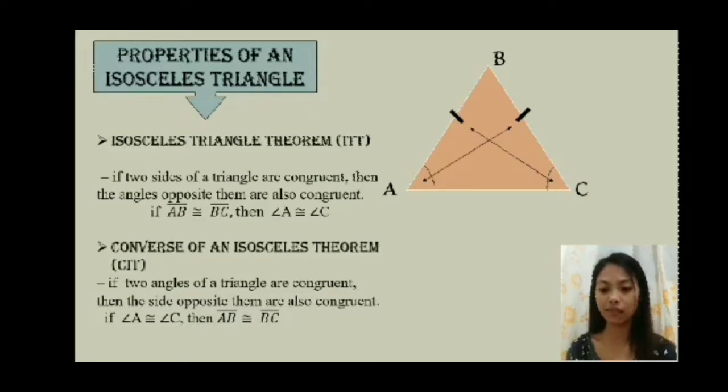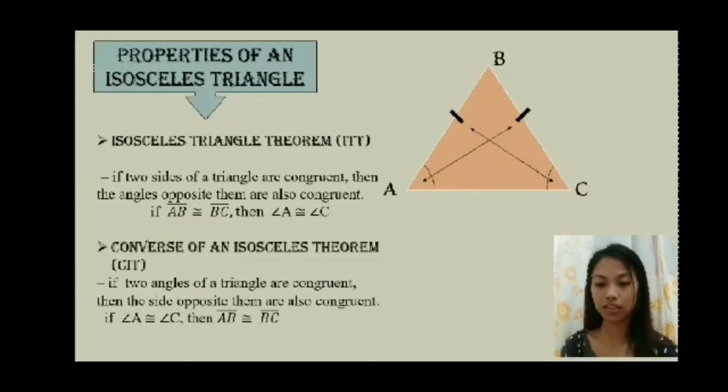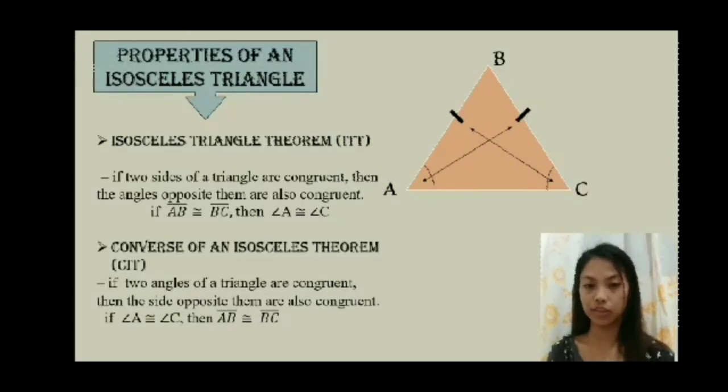It says that if two sides of a triangle are congruent, then the angles opposite them are also congruent. So if our congruent sides are segment AB and segment BC, then the angles opposite are angle A and angle C. So if segment AB is congruent to segment BC, then angle A is congruent to angle C.